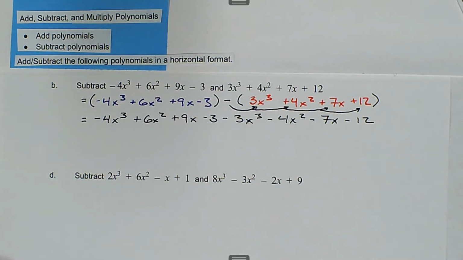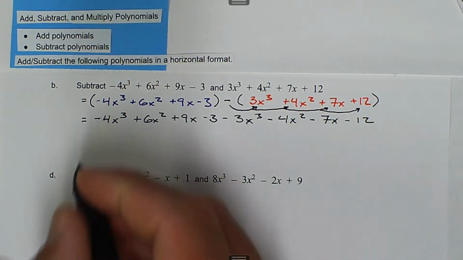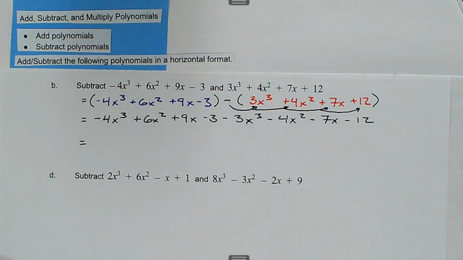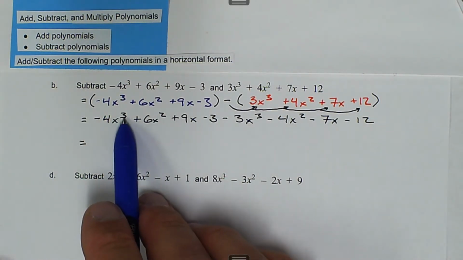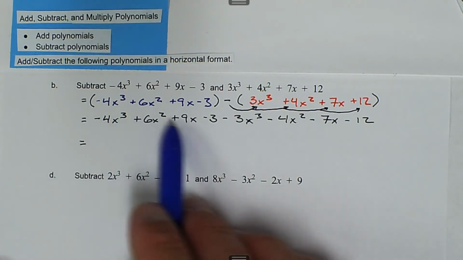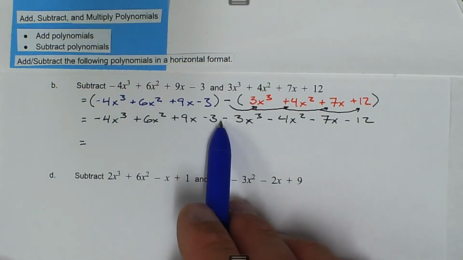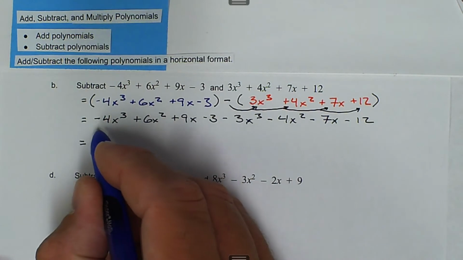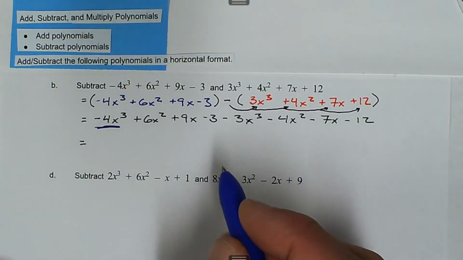Now we've distributed the negative sign, and all we have left to do is to combine like terms. We always want to write it with the highest degree term first. Here we have x cubed, x squared, x to the first, and then a constant, so the highest degree is x to the third.